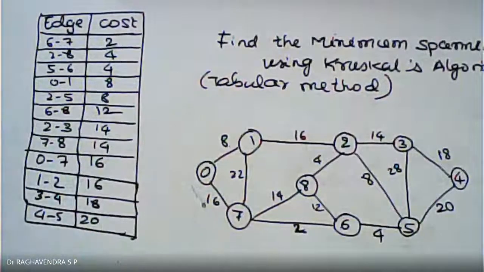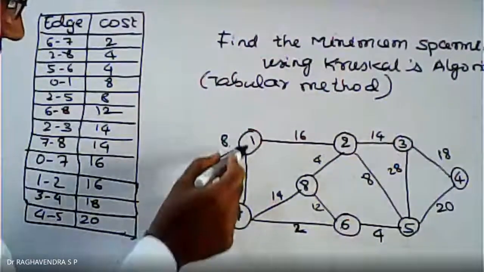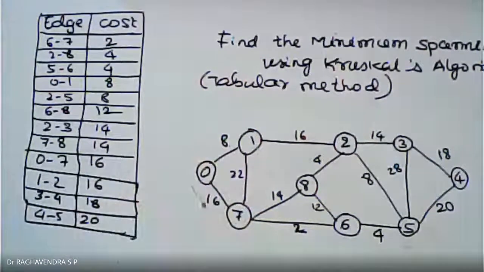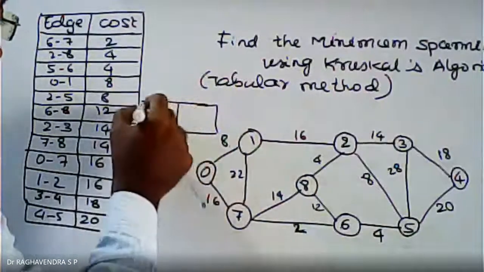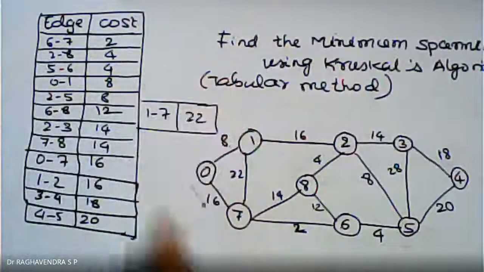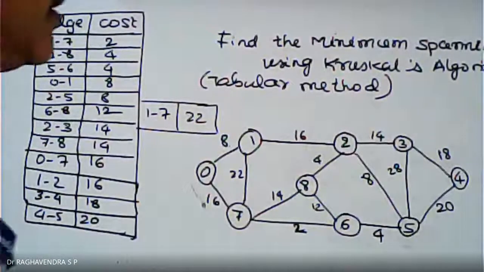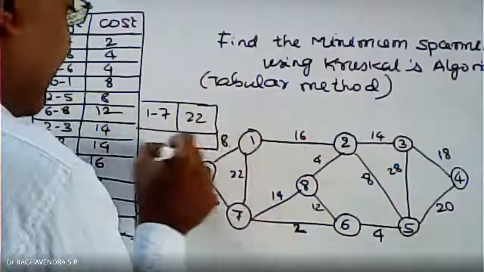Next, 1 to 7, 22. Next to last, 3 to 5, 28. Very good.